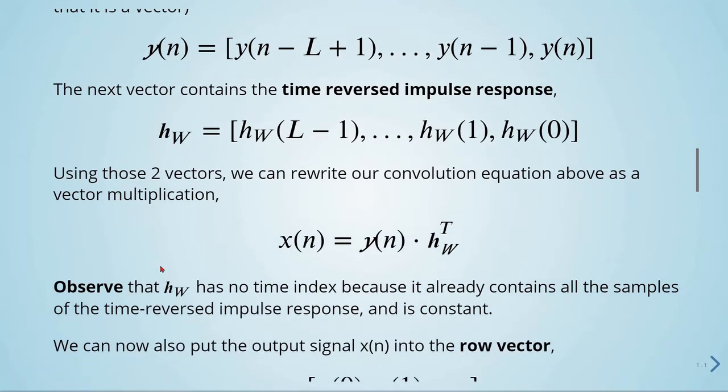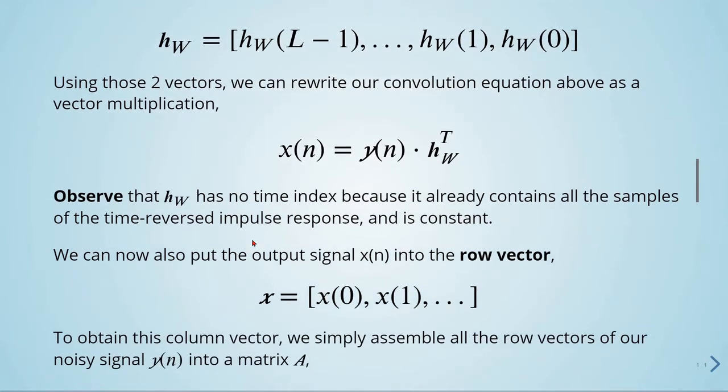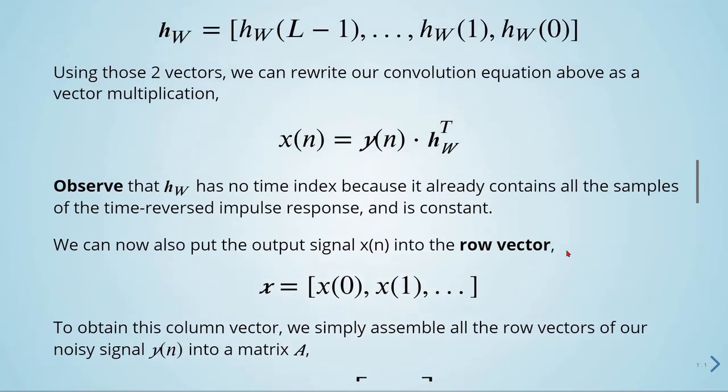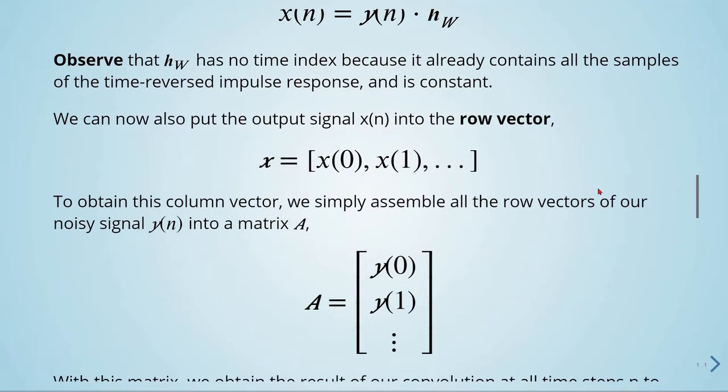Observe that h_w has no time index because it already contains all the samples of the time-reversed impulse response, and it's constant. We can now also put the output x of n into a vector. To obtain this column vector, we simply assemble all the row vectors of our noisy signal y of n into a matrix.